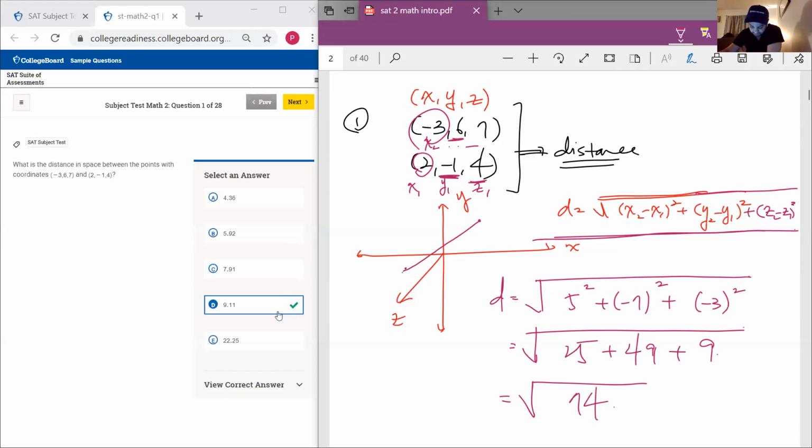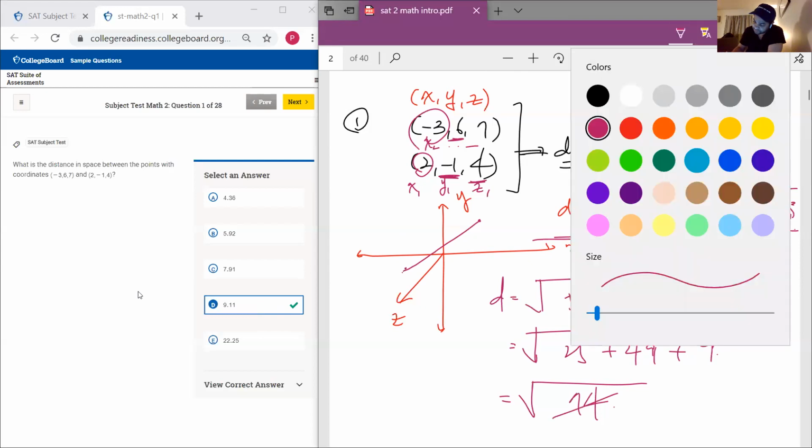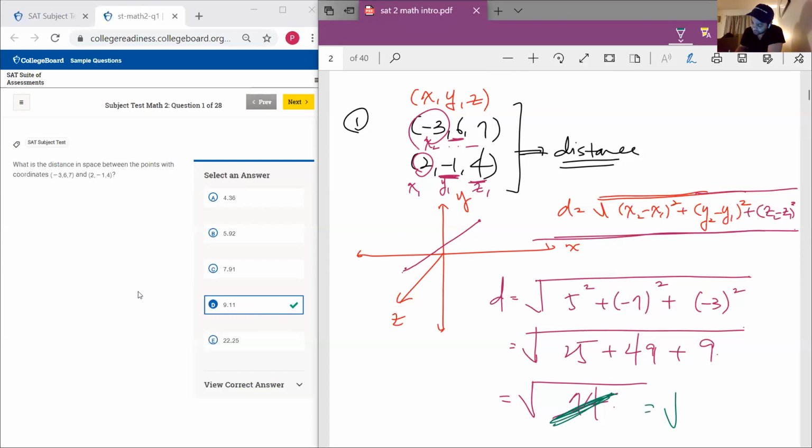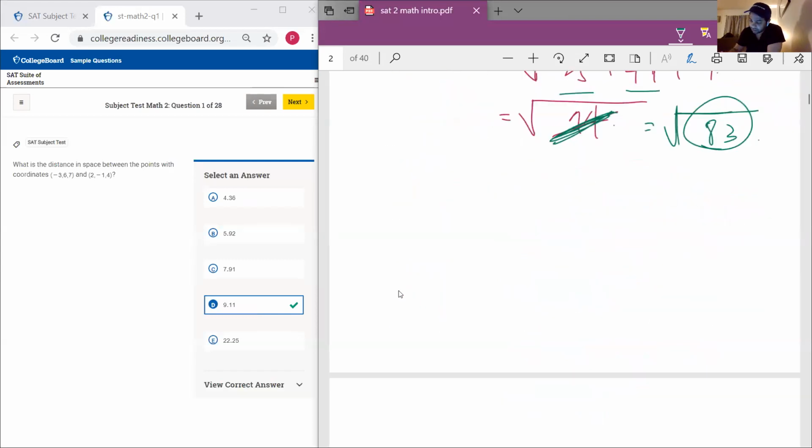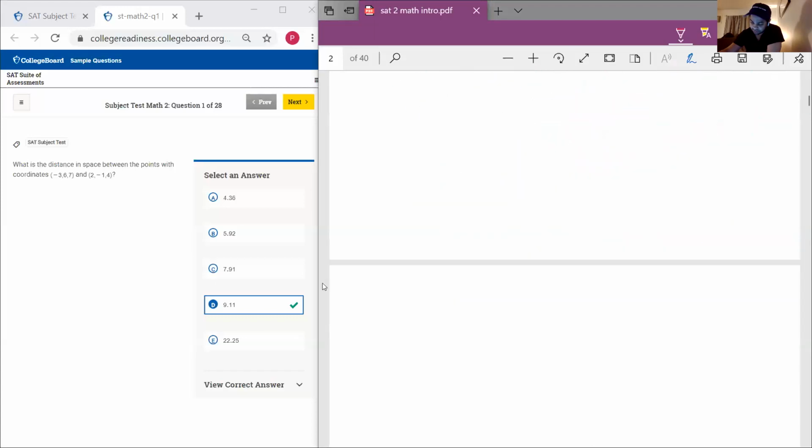Square root of 74, well, it shows that it's D. So it's 9.11. All right. Let's keep going.